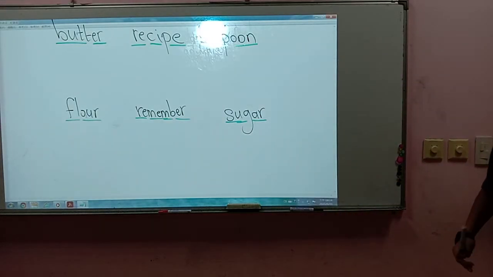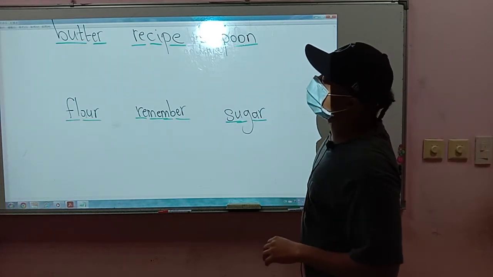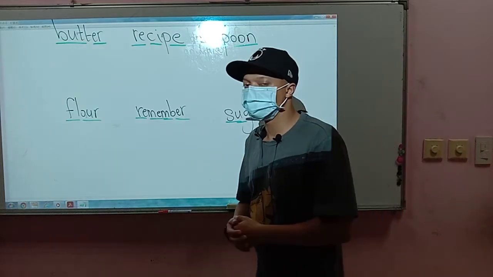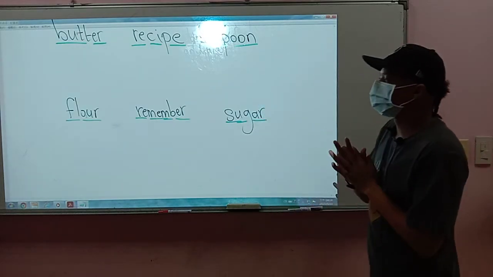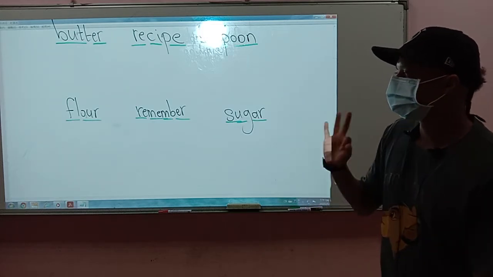Okay, so those are the vocabulary words, and what we will do is I will explain the words to you, and you guys need to guess which one you think it is. So let's begin.